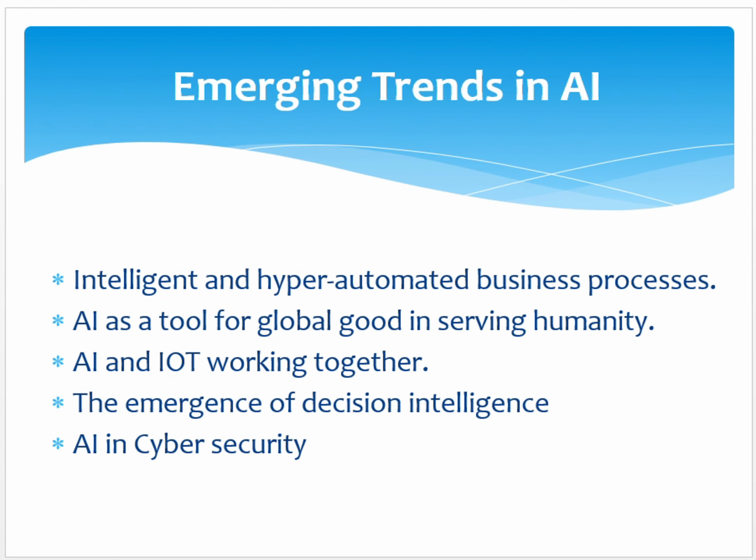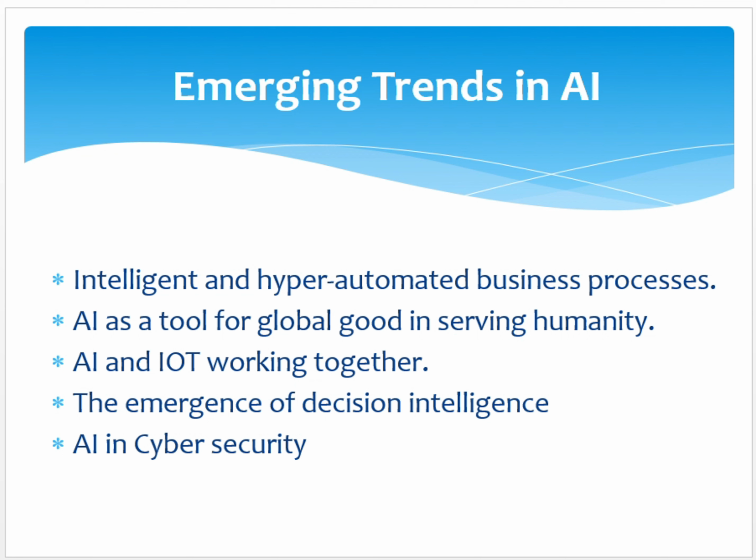Then we have emerging trends in AI. These are examples of emerging trends. One is the Internet of Things, so a lot is going to happen there. Another one is cyber security. AI is going to go into cyber security. Another emerging trend in AI is hyper-automated, intelligent business processes.